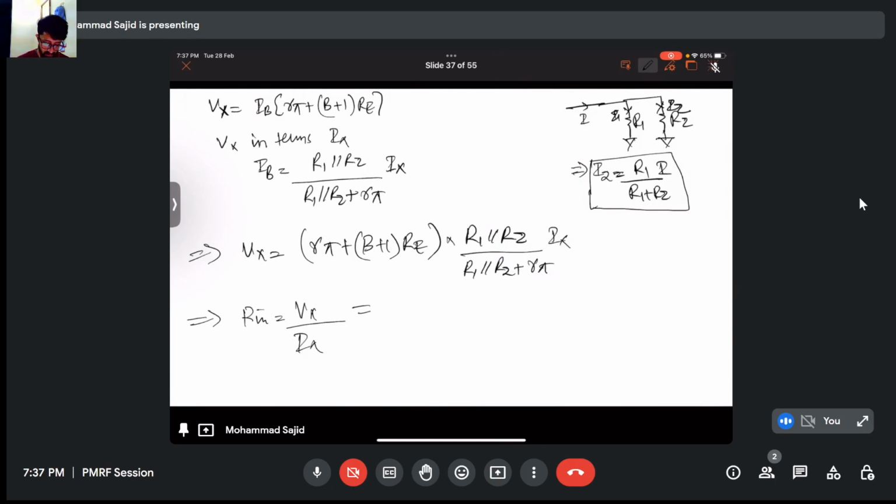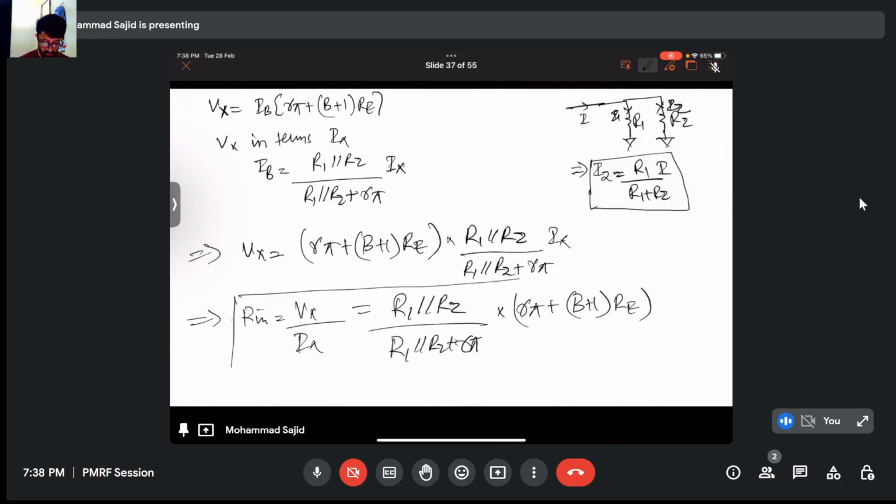I wrote it right? So this is R1 parallel R2 divided by R1 parallel R2 plus R pi multiplied by R pi plus beta plus 1 Re. Okay, this is my input resistance.